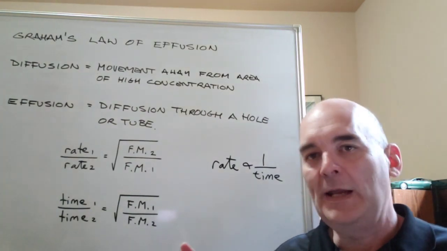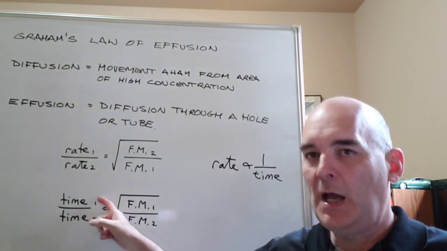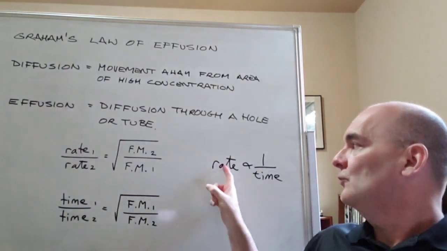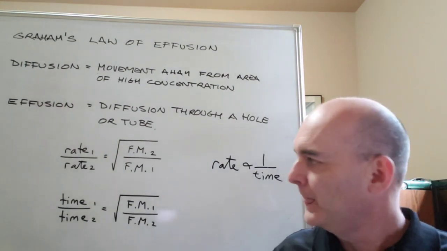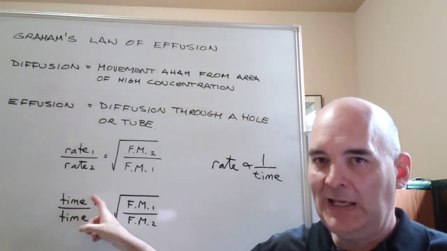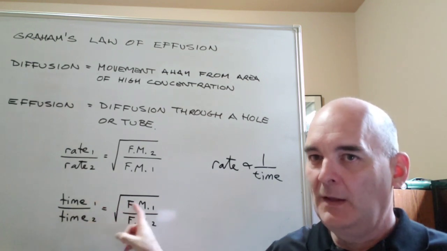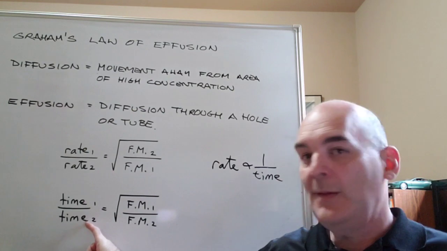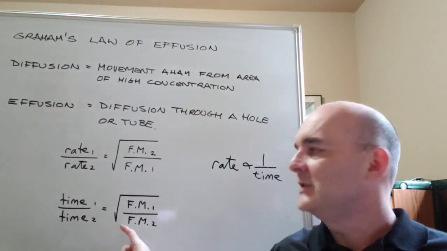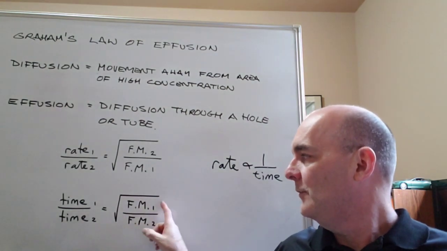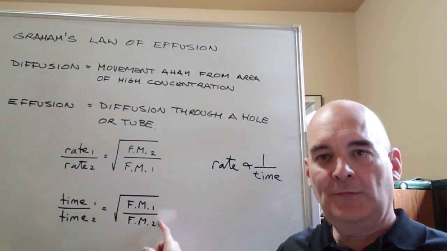So if Graham's law is ever described to you in terms of time, because rate and time are inversely proportional to each other, the time that it takes a gas to effuse through a hole in comparison to the time of a different gas to effuse through the same hole is now equal to the root of the formula masses of those gases in the correct form.